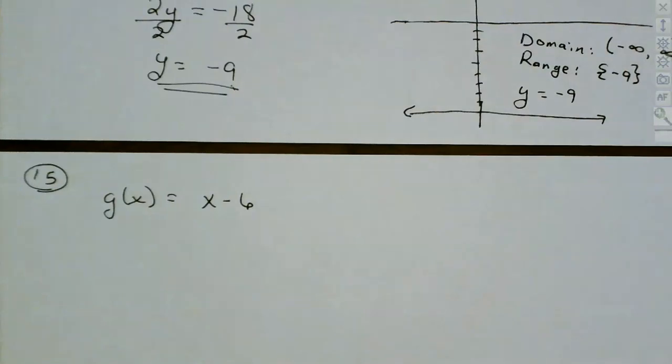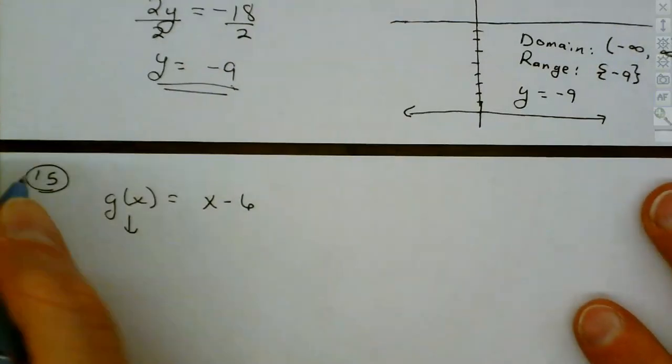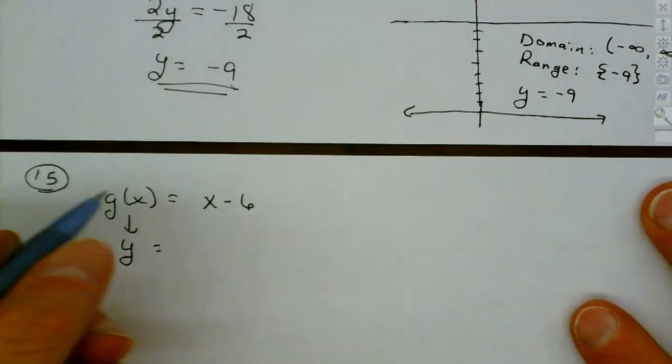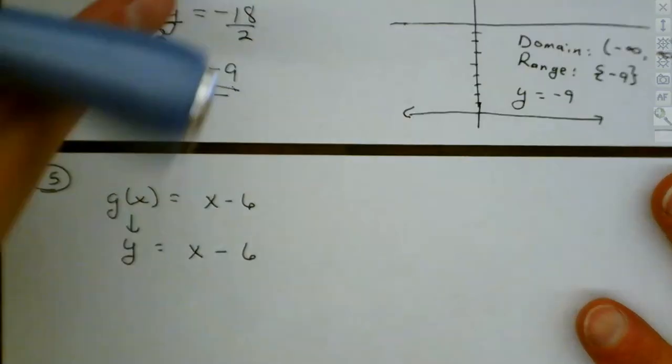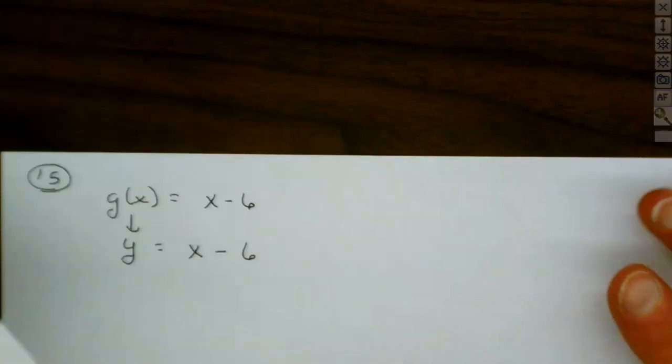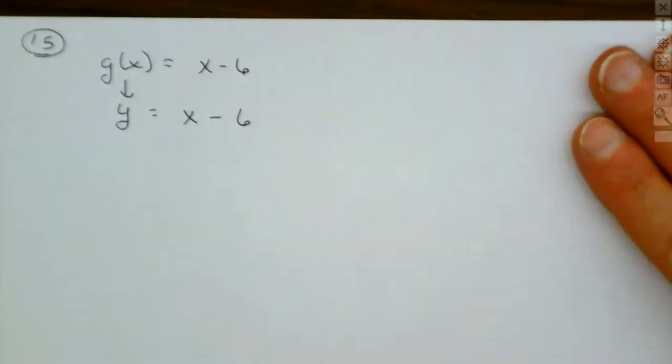How would I graph this? Well, we need to remember that this g of x is the same thing as having a y. So g of x is the same as y. Now, what do we know about our slope?